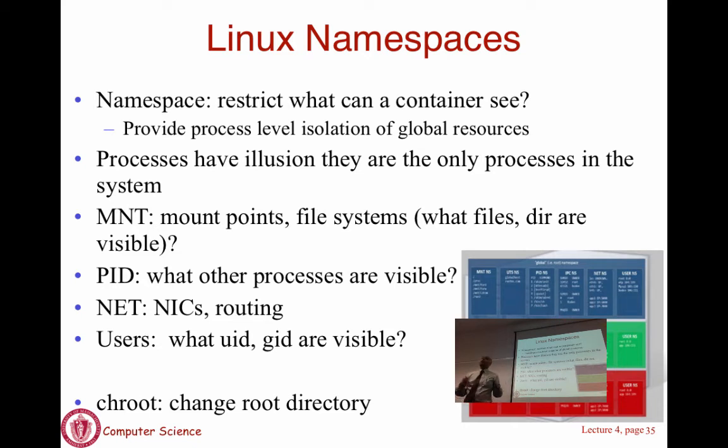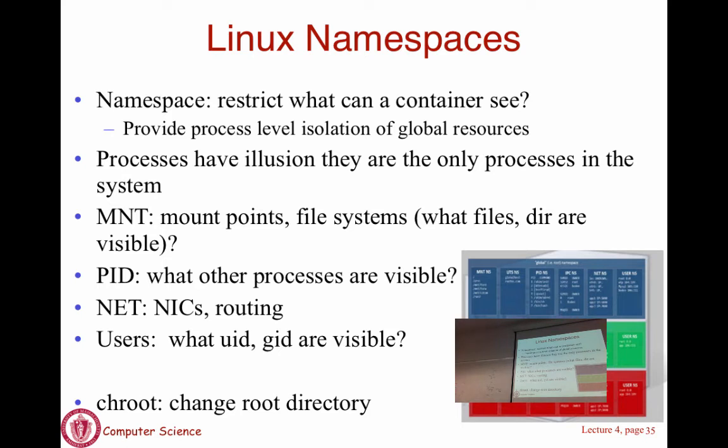You can mount certain directories, and then those processes cannot even see the global file system anymore. You cannot see other directories in the file system. Same thing you can do with the network interface card. If you have multiple NICs, you may say this container can only access this network interface card. It can only use Wi-Fi but not Ethernet. You can do these things.